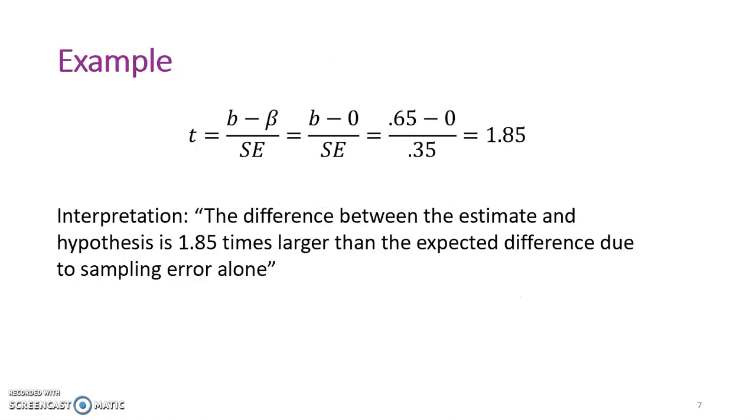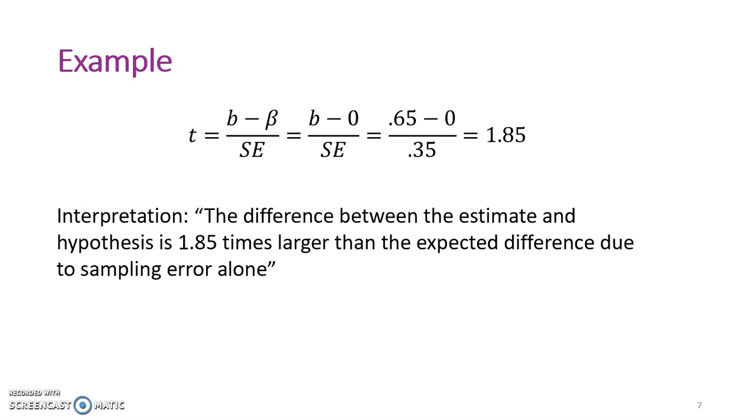As an example, let's take the predictor of years smoking and look at the coefficient for years smoking relating to the smoking intensity outcome. The value of the years smoking coefficient was 0.65, and the standard error of the coefficient was 0.35.